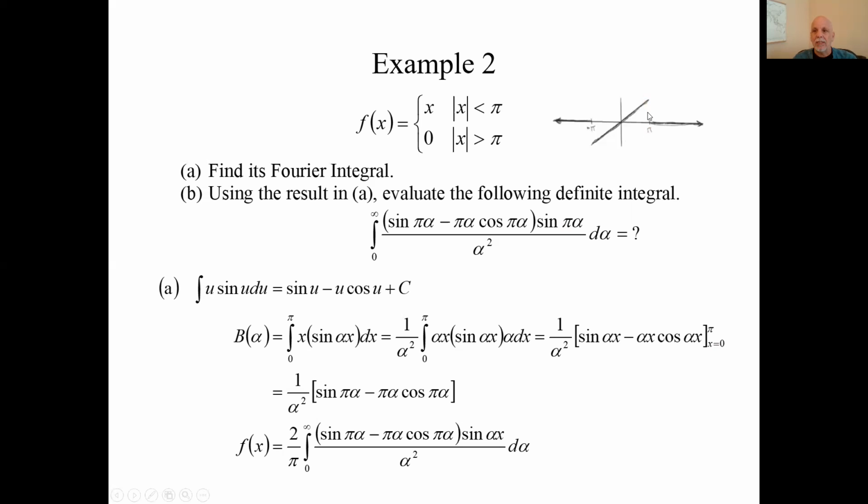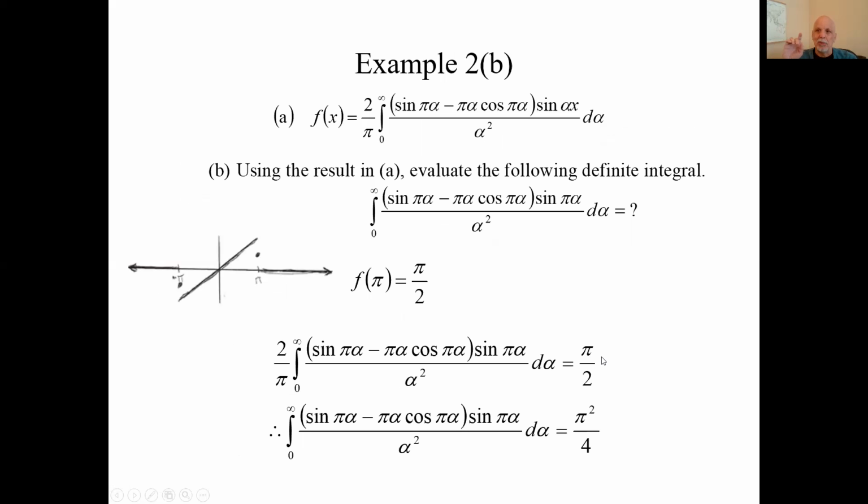So our f of x at pi is actually this midpoint here. This vertical extent is up to pi here. So right at the argument of pi, f of pi is actually pi over 2. That's why you've got to be careful of those points of discontinuity.